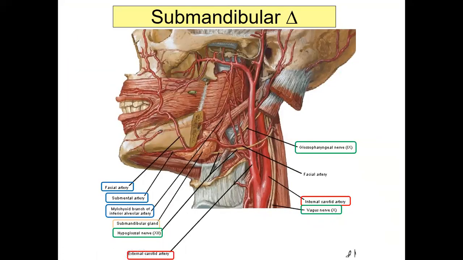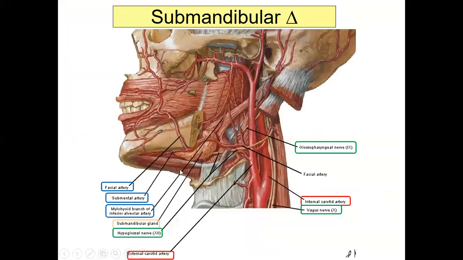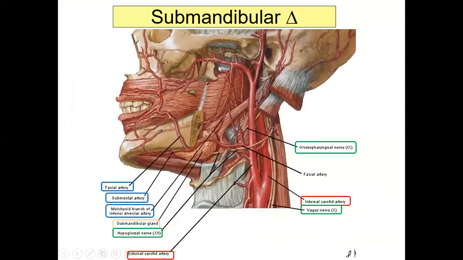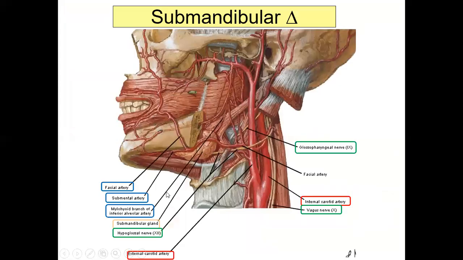Just now, if you see from this picture, on the anterior part we have the facial artery and the vein. If you see here, this is the facial artery, passing through the anterior part of the submandibular triangle. And then we also have the submental artery.